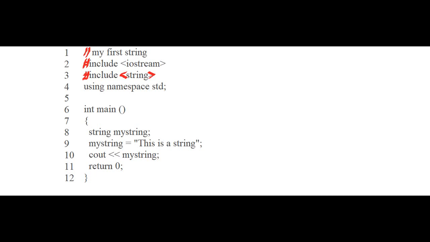A first difference with fundamental data types is that in order to declare and use objects, variables of this type, the program needs to include the header where the type is defined within the standard library, header string. The string class is the compound type.